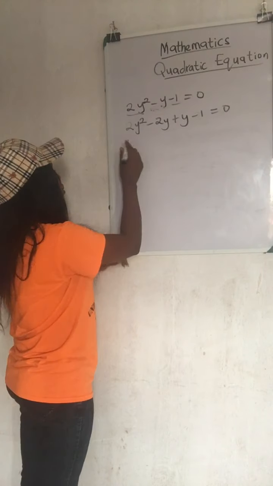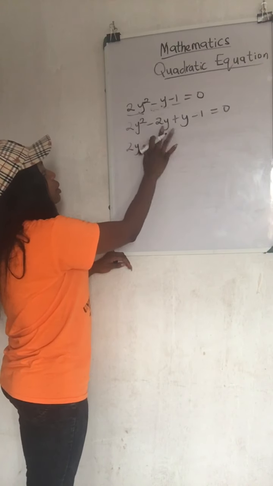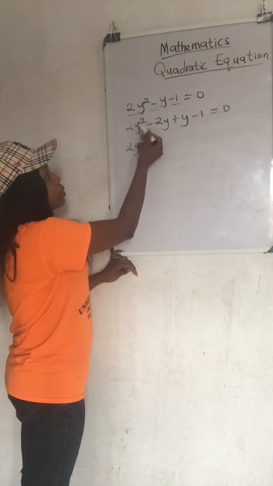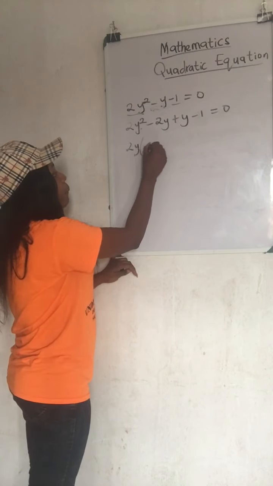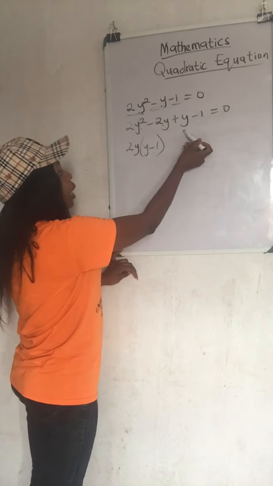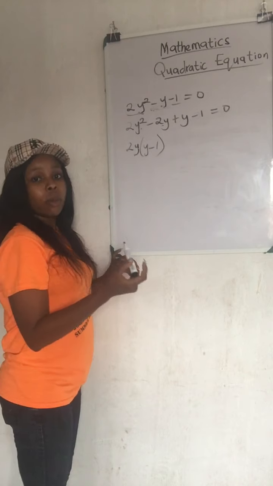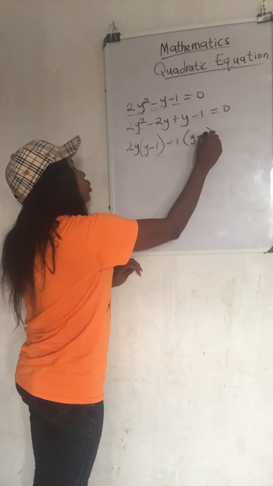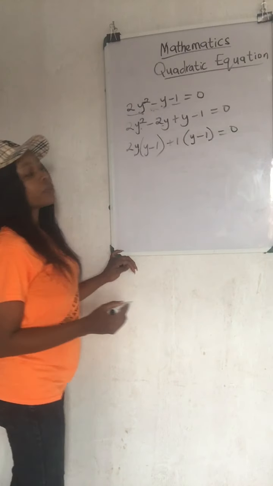What is similar in the first two is 2y. When you divide, you get y minus 1. In the second pair, plus y and minus 1, what is the same is plus 1. You get y minus 1 equal to 0.